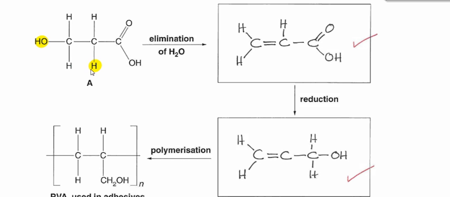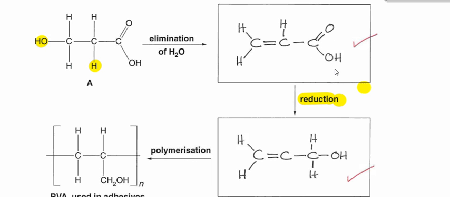You eliminate water, OH from one carbon, H from the other carbon, so that you form a C=C double bond. You've lost water from that molecule, therefore elimination. Then we have a reduction. Now, we've got a reduction here of a carboxylic acid.